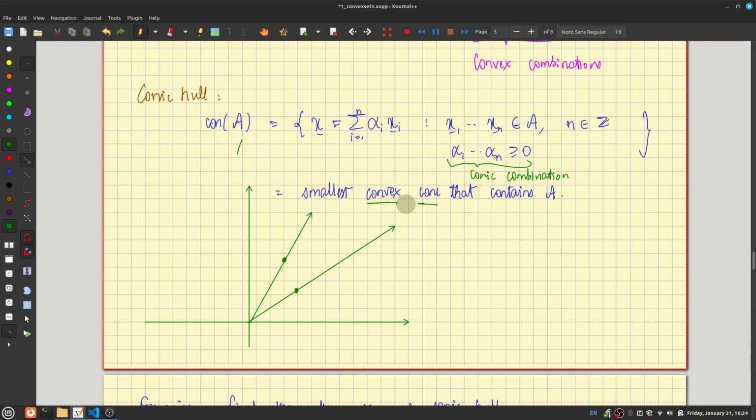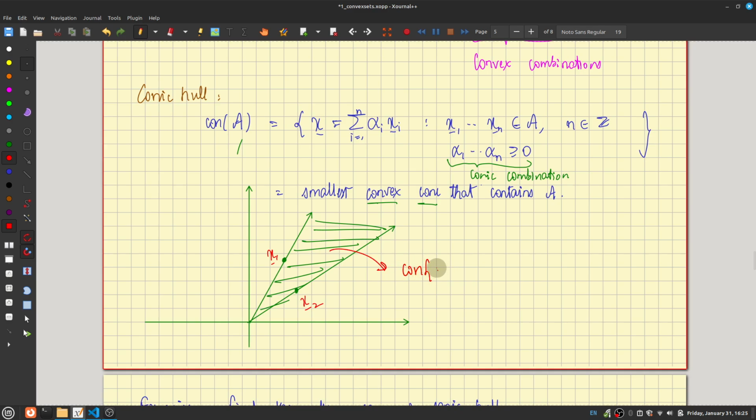But remember, it's the smallest convex cone that contains A. So this would contain the entire region that is between these two rays. So if this is my x1 and this is my x2, then this set is the conic hull of x1, x2.